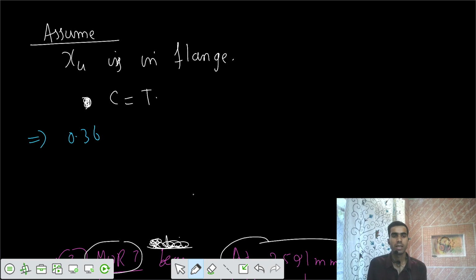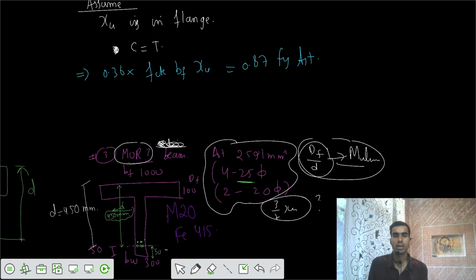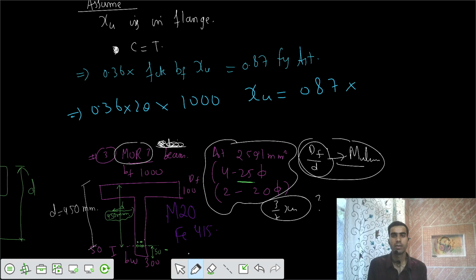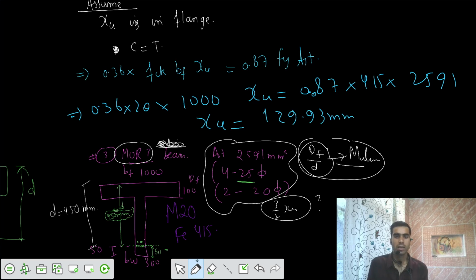I would say 0.36 fck bf xu equals 0.87 fy Ast, and I can substitute those values that are given to me: Ast is 2591. So I can get the location of the neutral axis. xu equals 129.93 millimeters. Is this true?